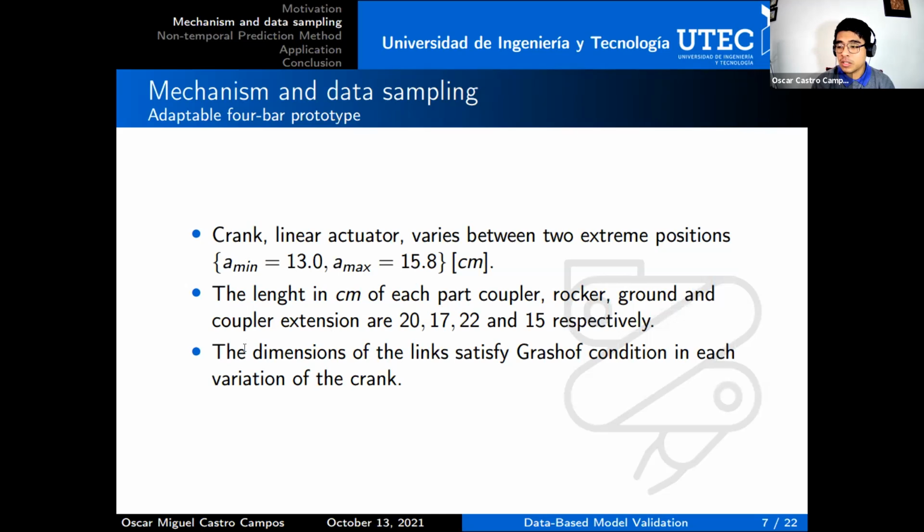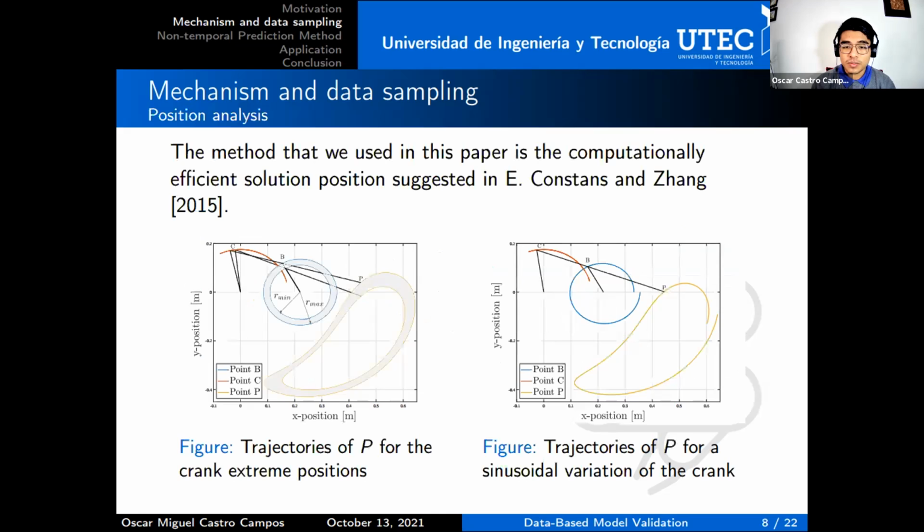The dimensions of the links satisfy the Grashof conditions in each variation of the crank. We take this into consideration. The method that we use in this paper is the position analysis, a computationally efficient position solution.